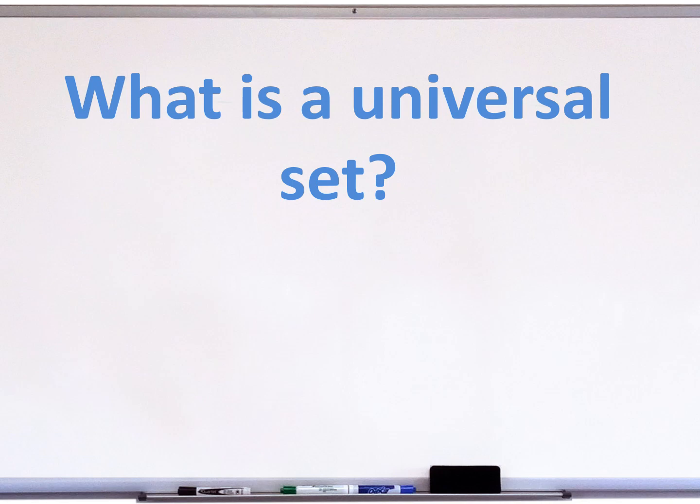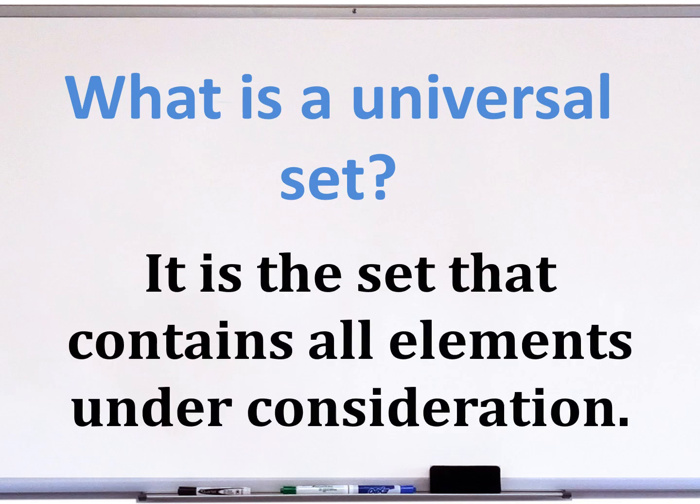Again, when we say universal set, this is simply the set that contains all the elements under consideration. We are only going to consider a specific element with respect to the given problem.